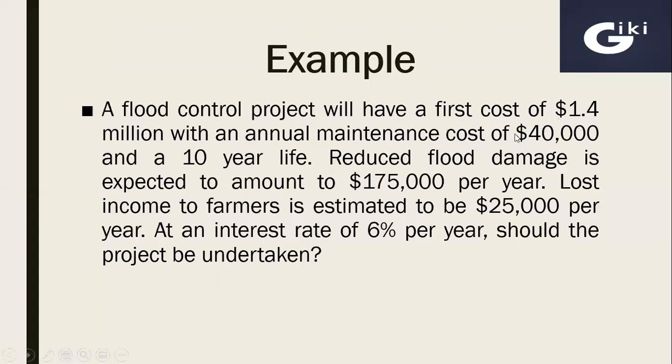So it's better if you convert it in a single unit, like annual worth. We need to calculate annuity of 1.4 million for 10 years by using 6% discount rate or interest rate. Then we'll add 40,000 to the annual worth of 1.4 million, and it would be the total cost, or annual worth of total cost.